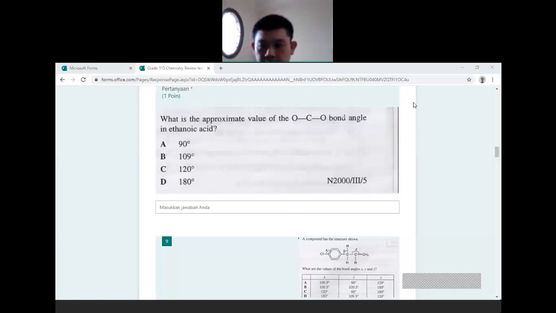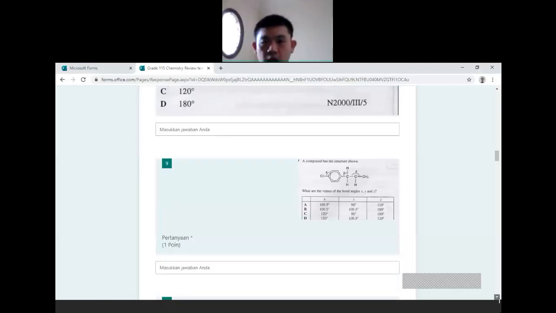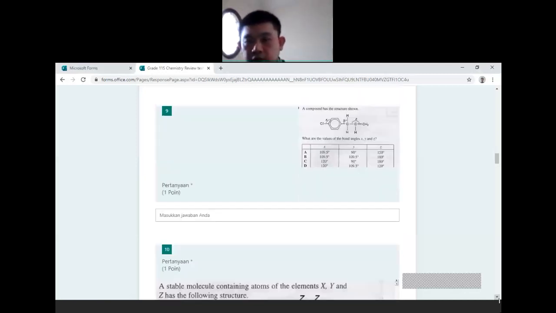And then next, number 9. A compound has the structure shown. What are the values of the bond angles X, Y, and Z? X here, the central atom is the carbon atom here. We know carbon atom has 4 electrons in the outermost shell.